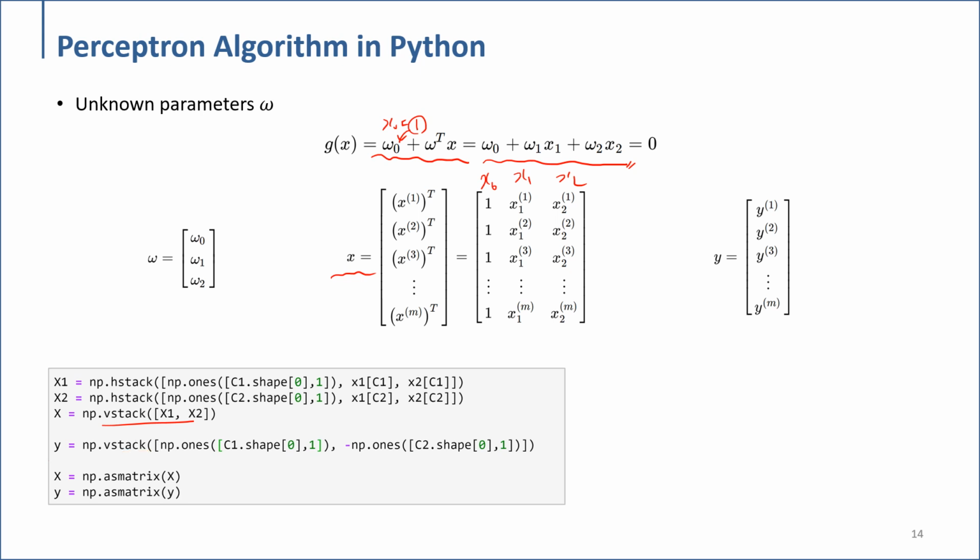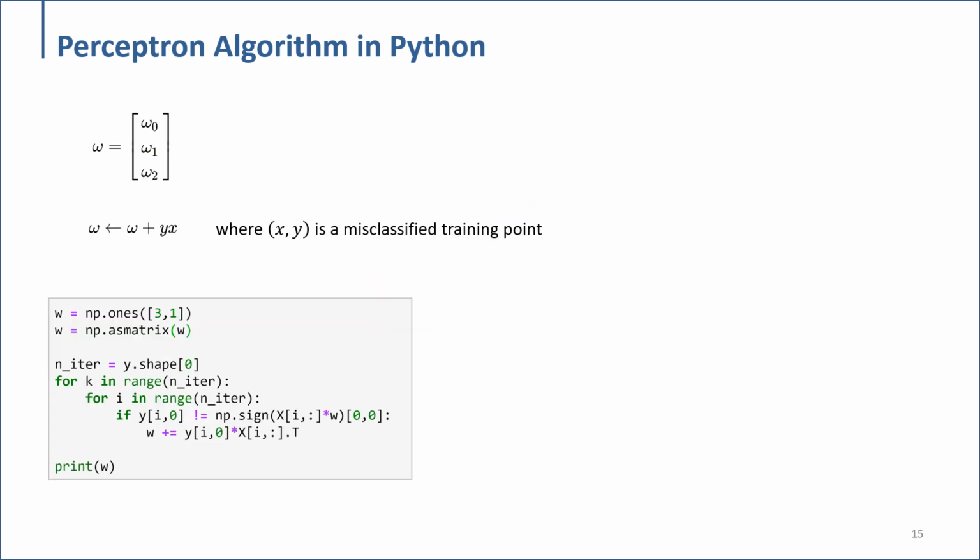By treating x and y as matrices, all the preparation is done. The only algorithm for the perceptron is updating omega for a misclassified training point.